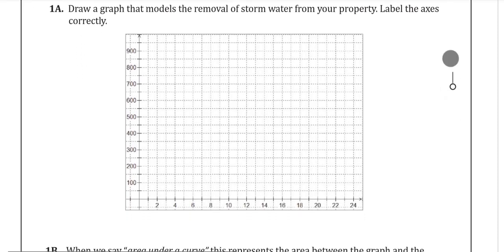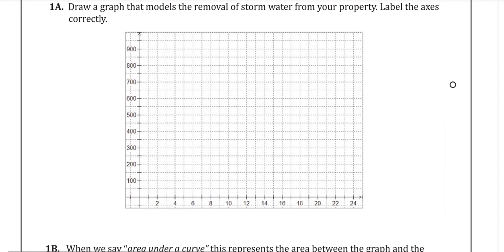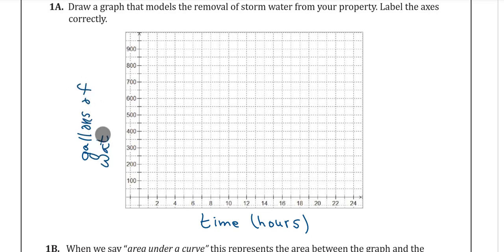Okay, so here is our graph, and we are going to label the x-axis time, and we're going to make this hours, and the y-axis we're going to label gallons of water removed.